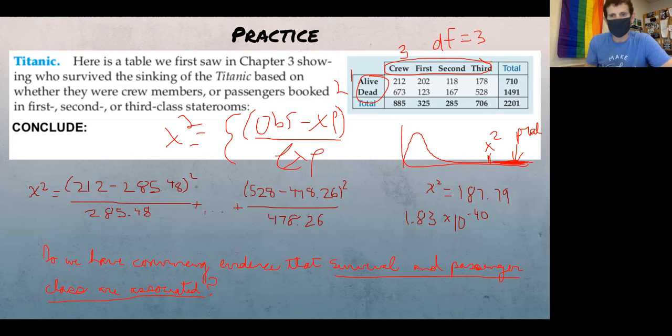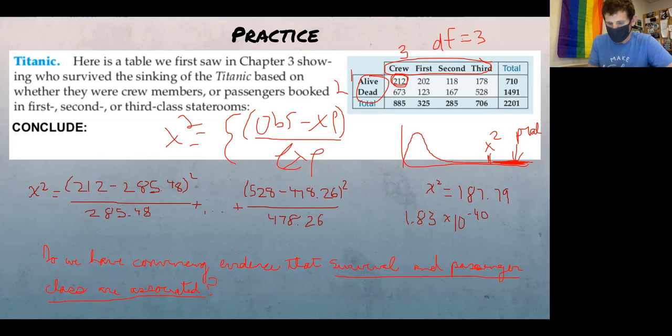And now maybe we can wrap this up by considering the difference between this being a test of homogeneity and this being a test of independence. So notice this is right here. Each person is categorized. So this 212, each one of those numbers is a person, and they're categorized according to two different variables.